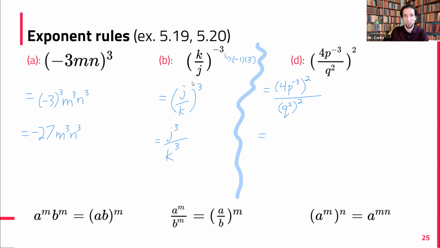You're also jumping ahead. You're totally right. I just want to make sure everyone can see what we're doing here. So next, I'll just bring the exponent inside. So here, this would be 4 squared times p to the exponent -3, and all of that would be then squared.